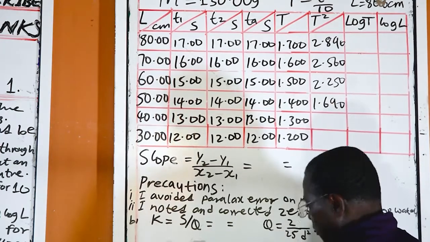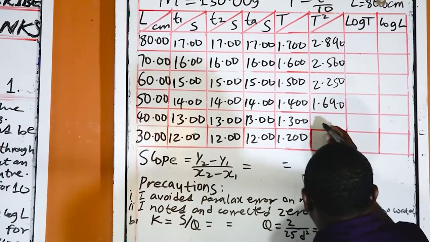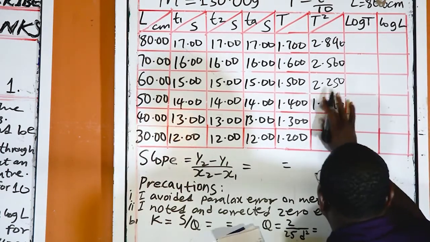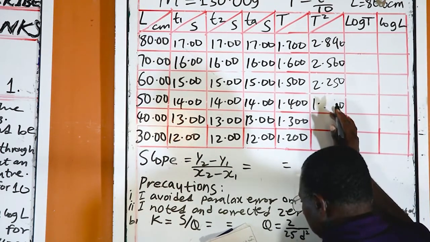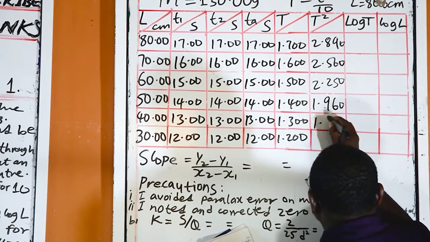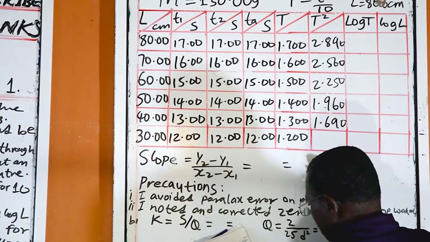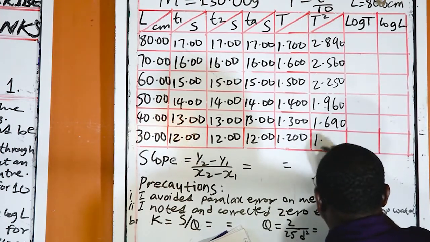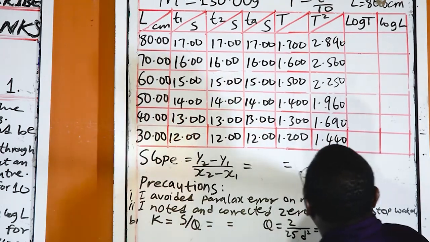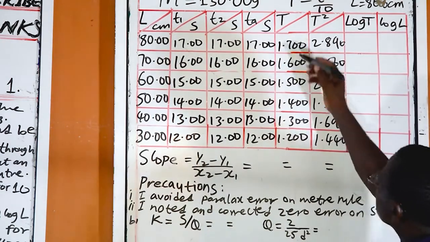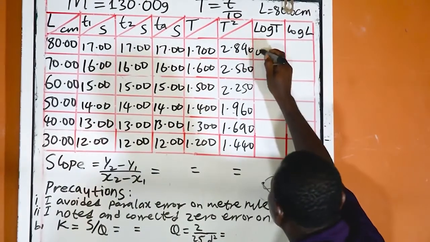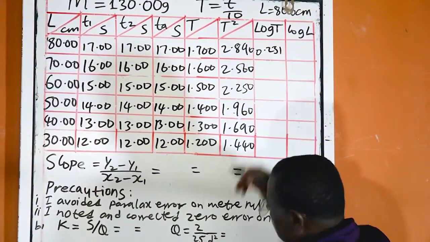1.690. 1.96. 1.960. This one is 1.690. This one is 1.440. Log of T, log of 1.7 is 0.231.